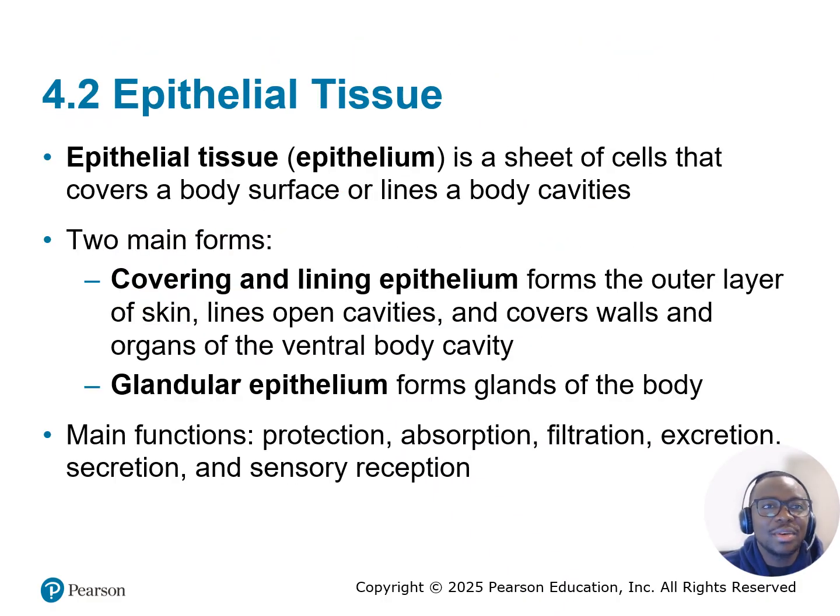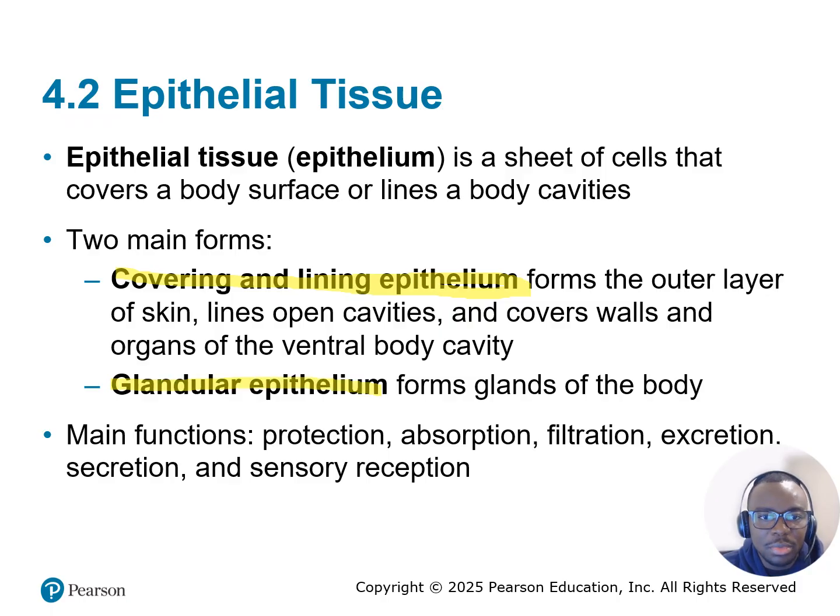We start our review of each tissue type with epithelial tissue. Epithelial tissue cover body surfaces or line internal cavities. They can be divided into two forms: covering and lining epithelium and glandular epithelium.